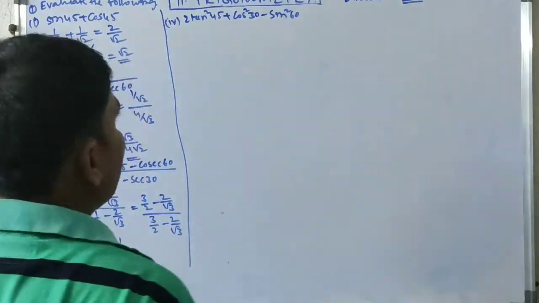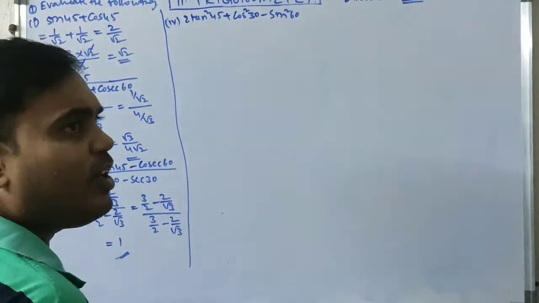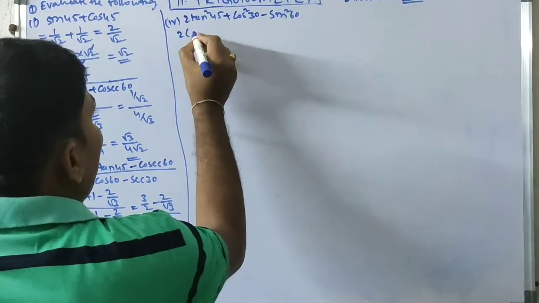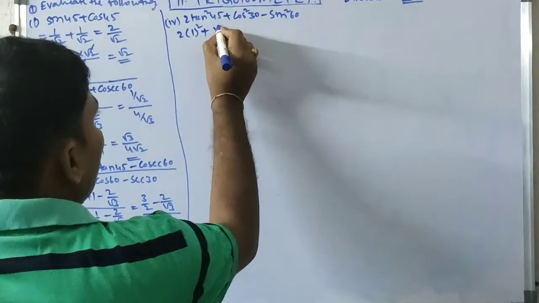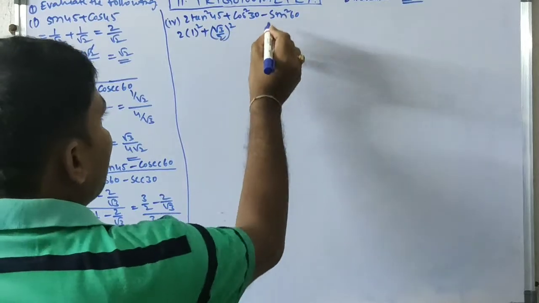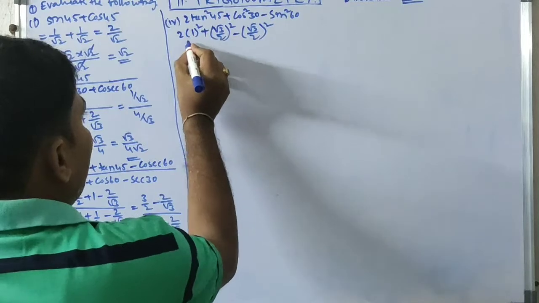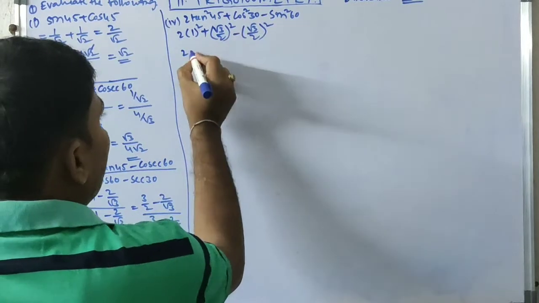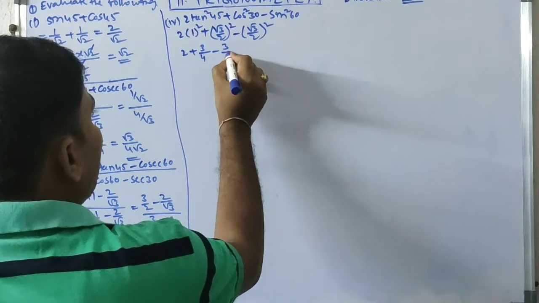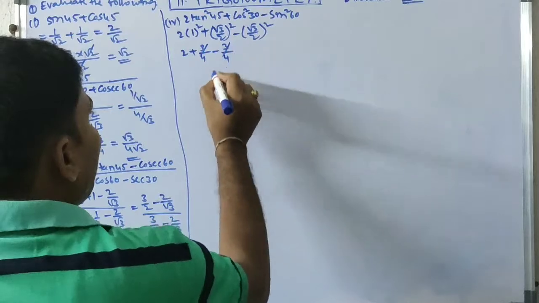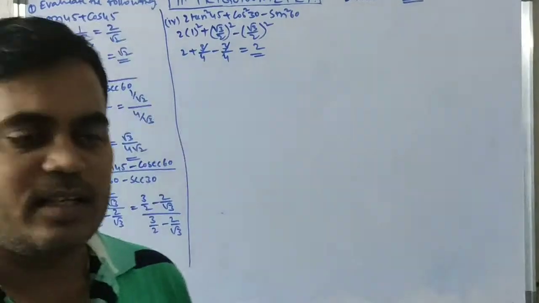So tan square 45 is nothing but tan 45 whole square, 2 into tan 45 1 square plus cos 30 value root 3 by 2 whole square, sin 60 root 3 by 2 whole square. So 1 square 1 into 2, 2, root 3 square 3, 2 square 4 minus root 3 square 3, 2 square 4, 3 by 4 minus 3 by 4 cancel, we will get 2. This is the required result.